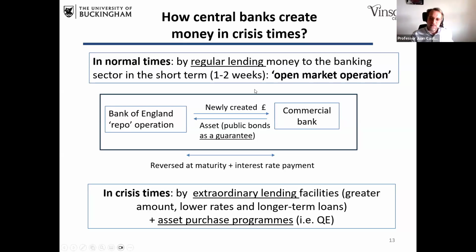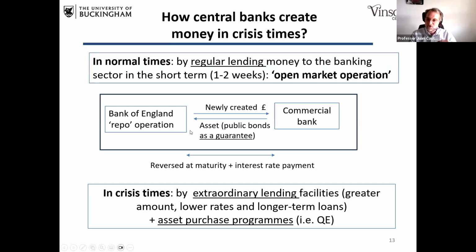So here you have the Bank of England on the left-hand side, creating new money because they can do it, as I said, as much as they wish, in order to lend it out to the commercial banking sector, Bank A, B, C, whichever. In exchange, the Bank of England will be asking the commercial bank to show enough collateral to back up the lending. That collateral usually is a public bond that acts as a guarantee of this lending operation.